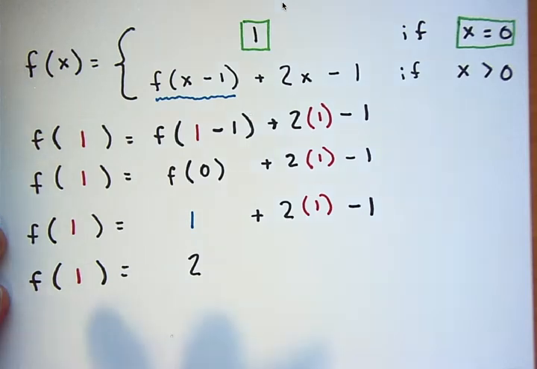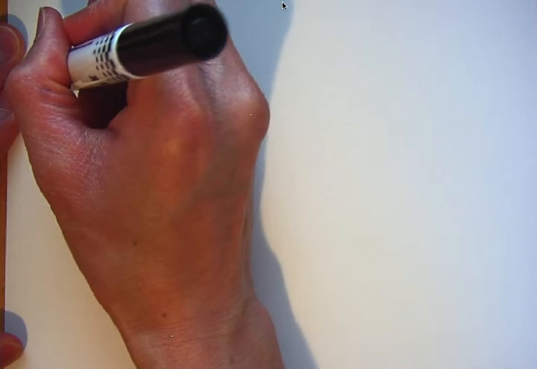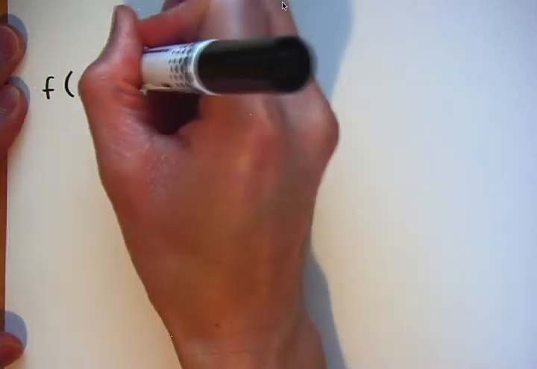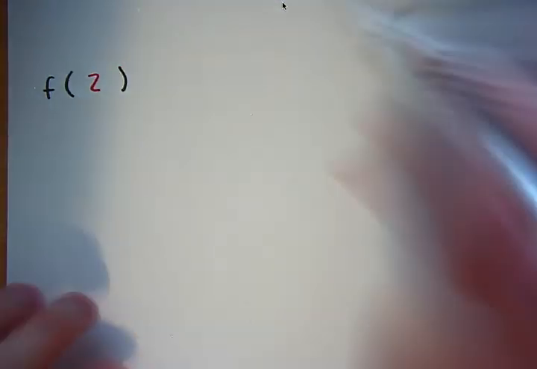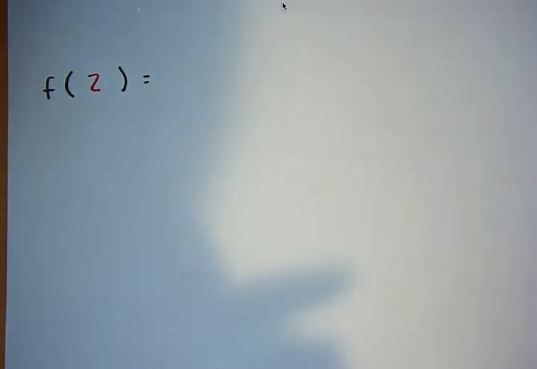All right, so let's continue. Let's find the next y. So let's do f of 2, or your y value when x equals 2. I'm going to use that idea of previous y.